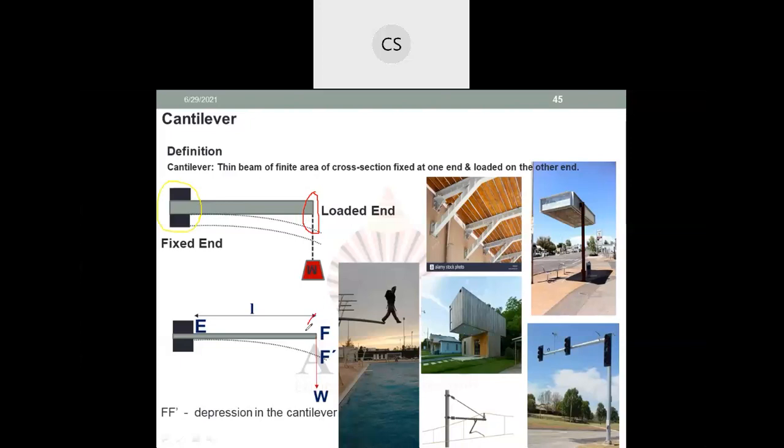You can see here, whenever you load that, it is not straight as the neutral axis. Let us say EF is the neutral axis. You see that the cantilever bends. You can see the dotted lines. There will be a depression.